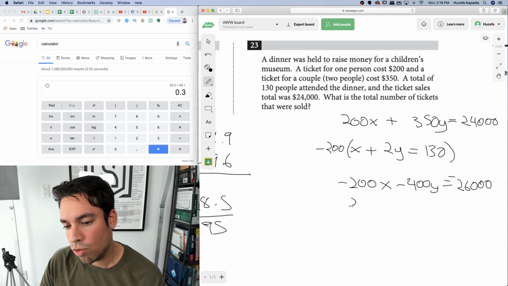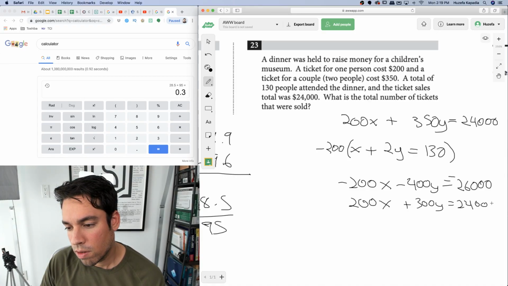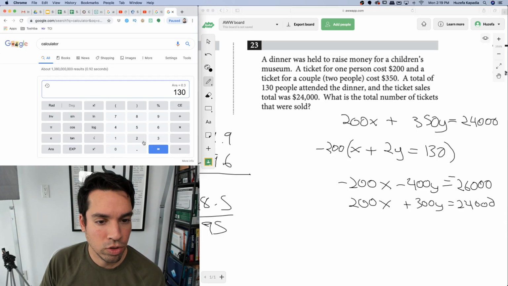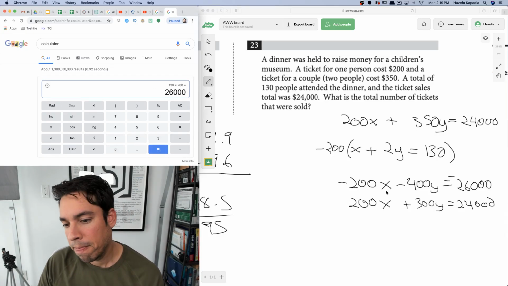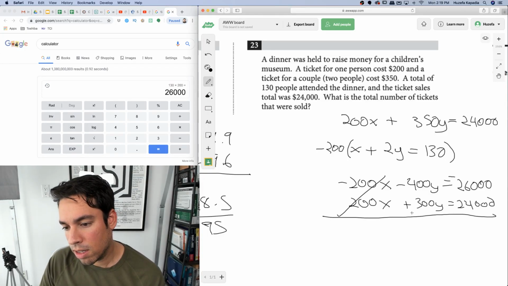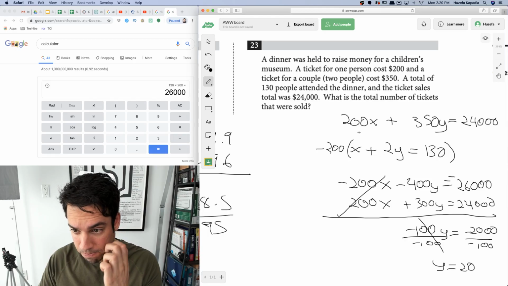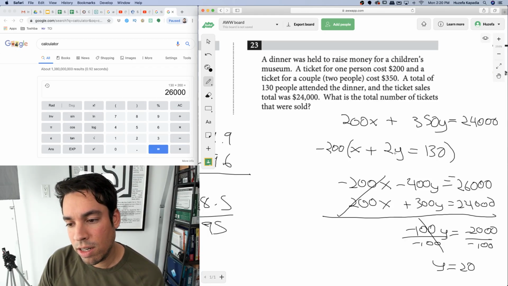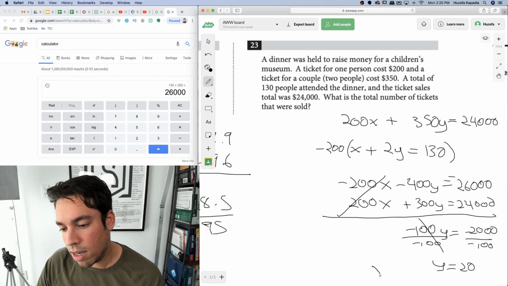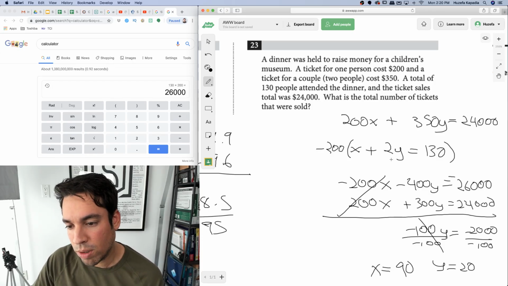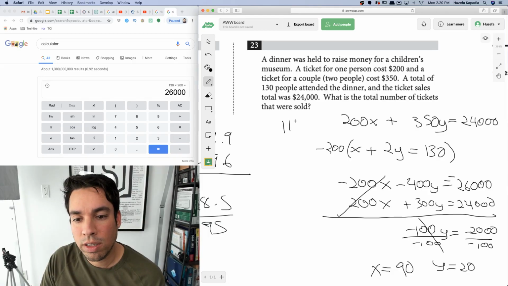Let me double check, 130 times 200. Yeah. Then I add it to this one. These cancel out. That becomes negative 100y equals negative 2,000. Divide by negative 100. y equals 20. So there's 20 couple tickets. If I plug it in here, that's 40. Then there's 90 of the x tickets, because 90 plus 40 is 130. So it's a total of 110 tickets.